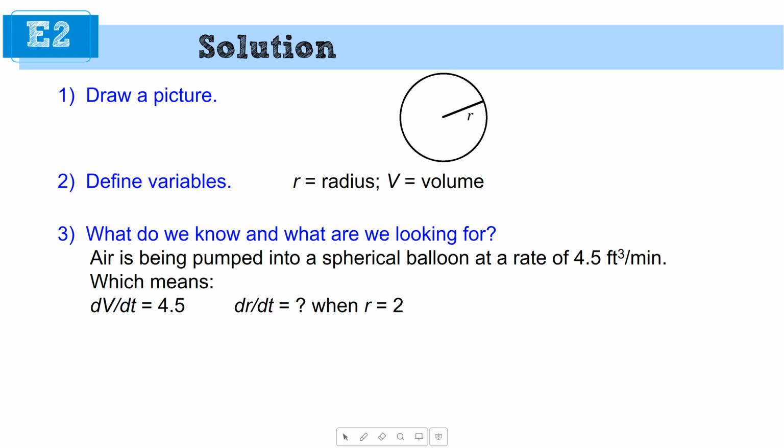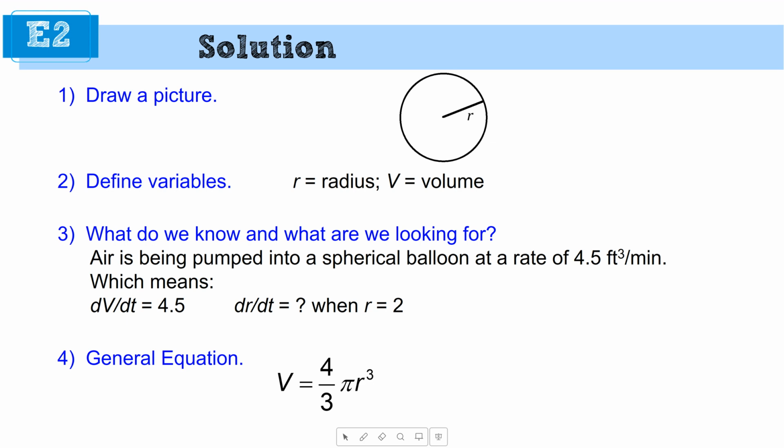Step 4 is a general equation. And again, with this, you don't need to memorize the volume of a sphere. They'll give it to you. Okay, your turn.